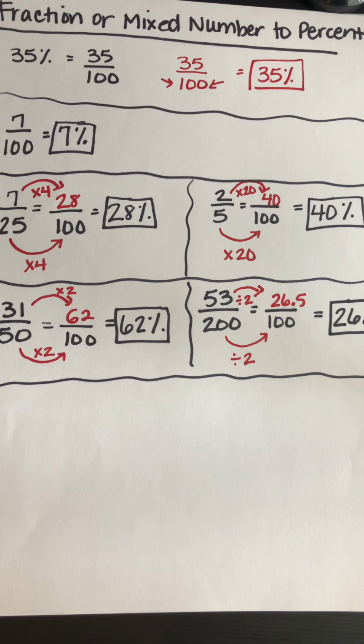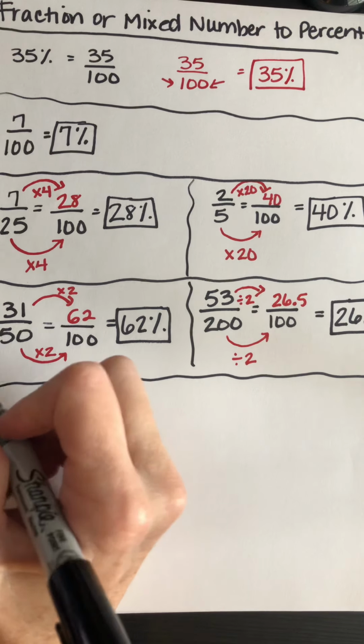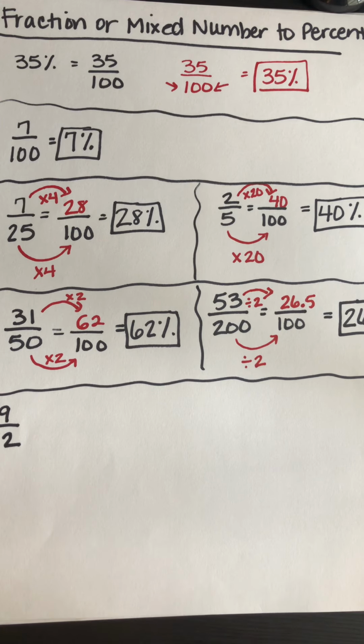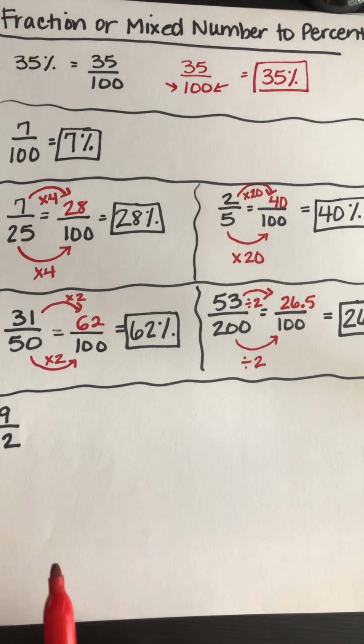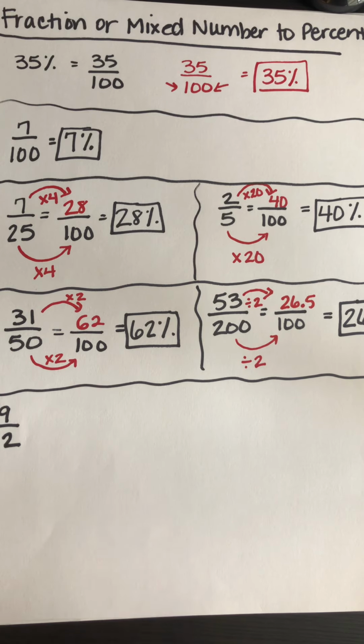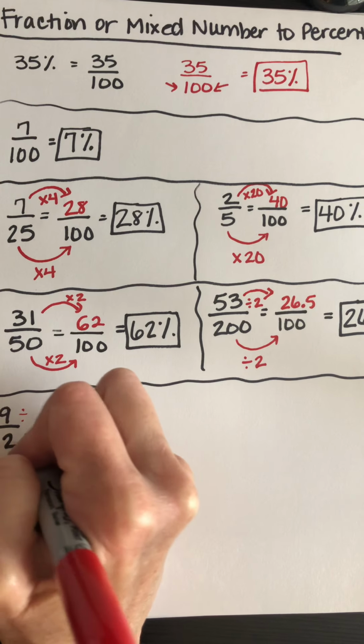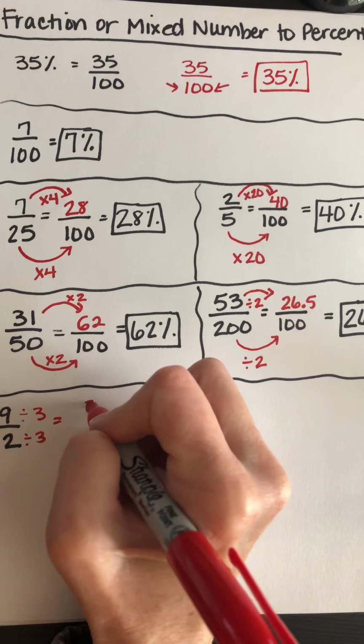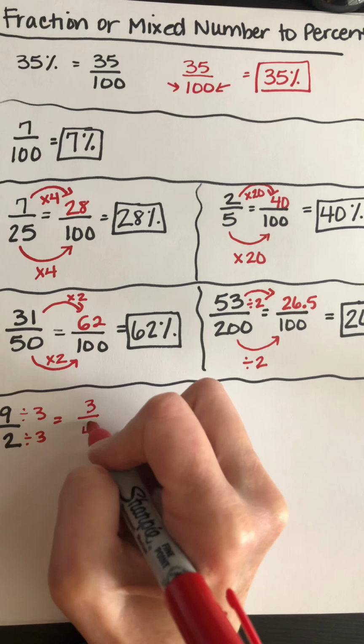How about this? What if you can't set it to 100? You have 9/12, and I want to find out what 9/12 is as a percent. Well, I know that with 12, I can't set it equal to 100. So I'm going to see, can I simplify this so that number can get set to 100? I know that 9 and 12, I can divide both by 3. 3 is a factor of both. 9 divided by 3 is 3, and 12 divided by 3 is 4.